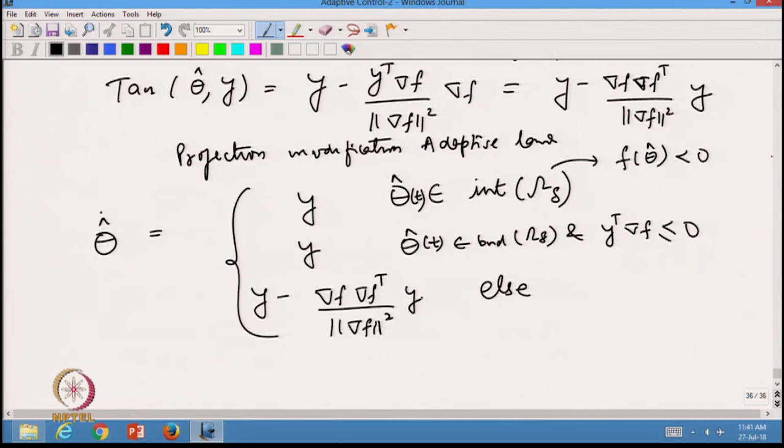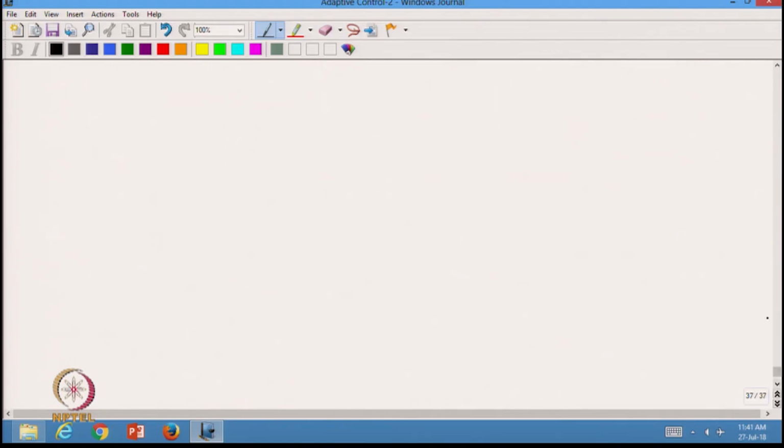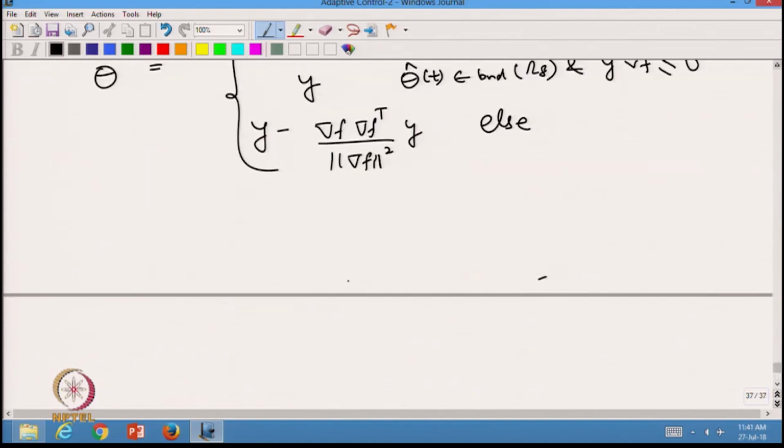So we have actually subtracted a vector which is a multiple of y from y, and we get this modification which takes the component of y along the tangential direction, and that is the projection modification that we have to do.